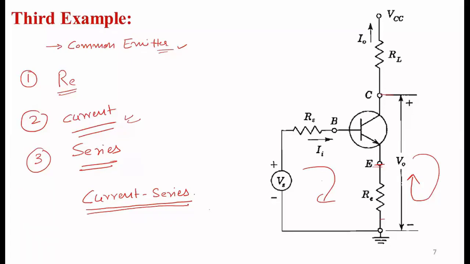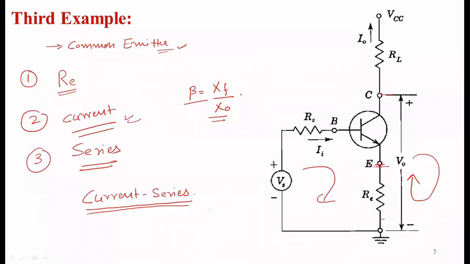We can find out its beta also. So let's discuss the beta or the feedback factor for this circuit. We know that beta is equal to the feedback signal divided by output signal. For this connection, the feedback signal is the voltage signal across the RE component.